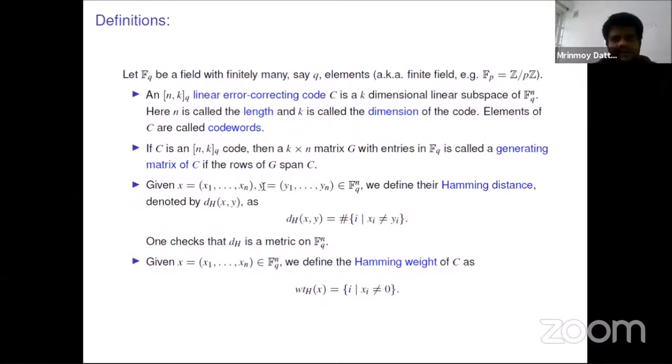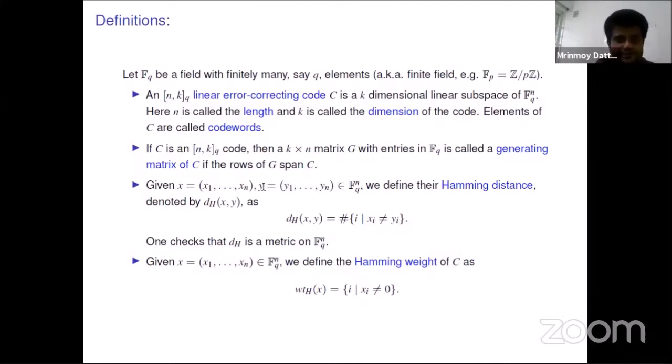Now suppose C is an [n,k]_q code. Then there would be k vectors, or k codewords, whatever you want to call them, which will span this code. Suppose we have k codewords that generate this code. We could write a k by n matrix G, whose entries are of course in F_q, and whose rows are the codewords that generate this code C. This matrix is called the generator matrix.